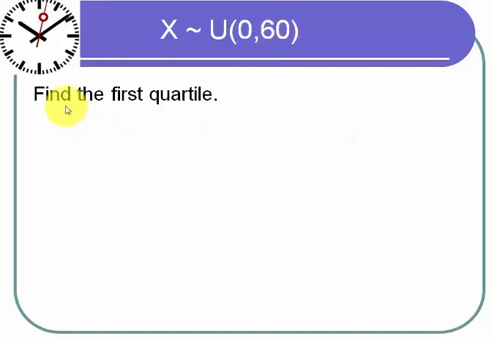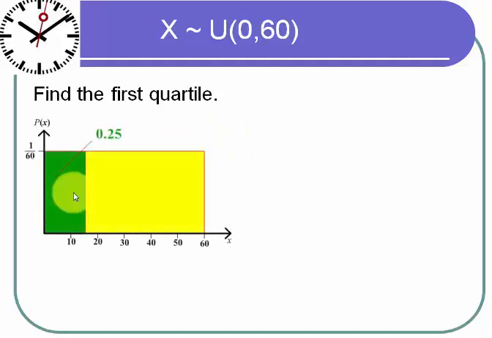And the question is, find the first quartile. So the first quartile means that we're going to pick this value right here, which we call Q1, and we know that the area to the left of Q1 must be 25%, because the first quartile is the 25th percentile. So the area is 0.25.